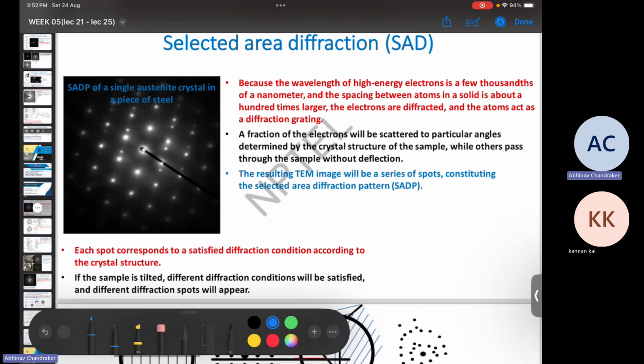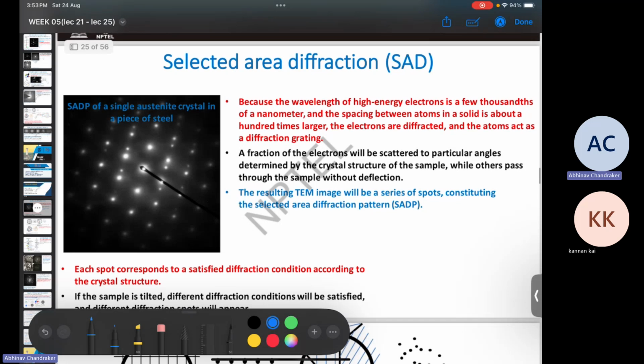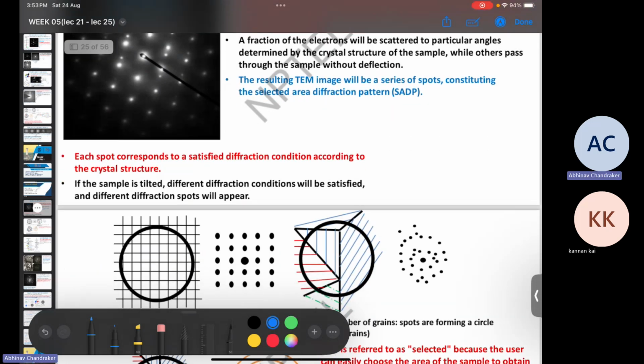But it is also possible to selectively choose a region in your specimen from which you want information through diffraction patterns. And this process of choosing your region of interest is called selected area diffraction. So you are selecting a region here and then looking at the diffraction pattern.